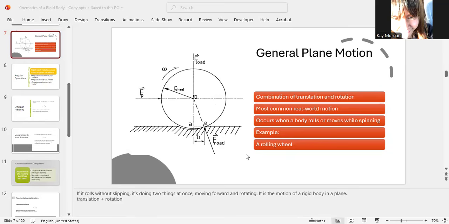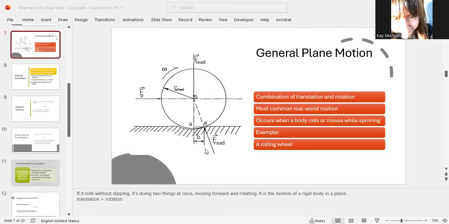Of course, throughout this chapter that we are learning, we are going to analyze the general plane motion by separating it into translation of a reference point. We cannot measure without a reference point, so you always have a reference point, usually the center, and the rotation about that point.